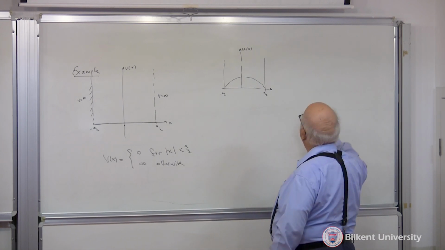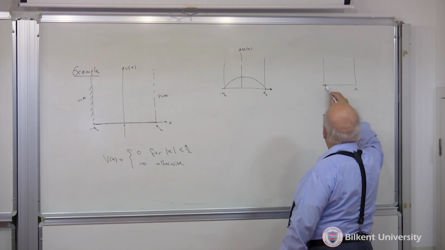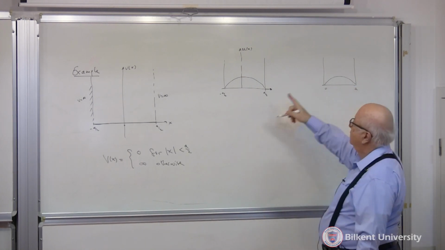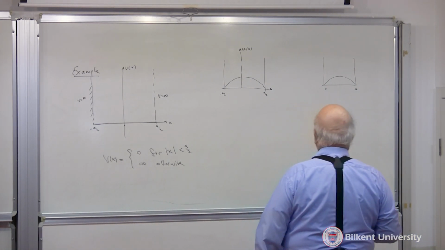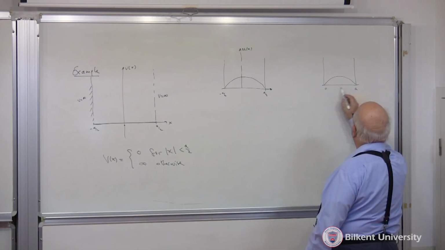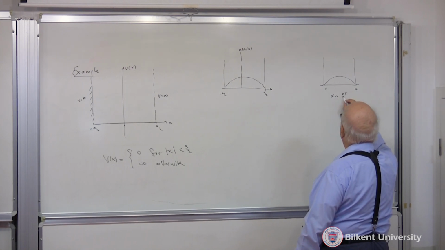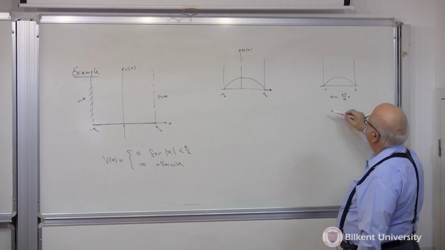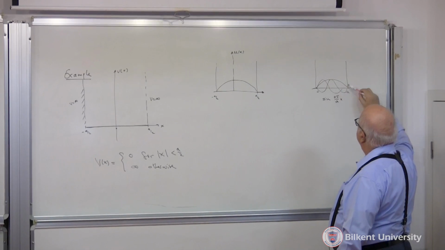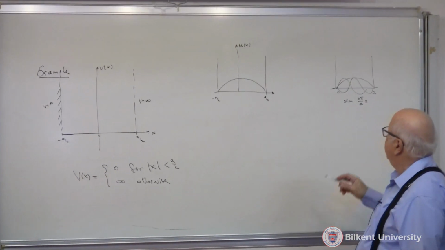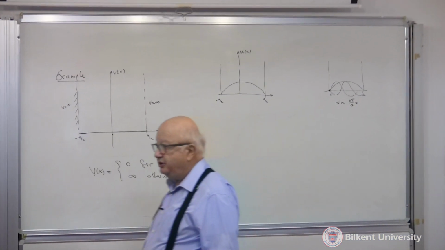The functions that we did for, let me just put that over here also, 0 to a, is the same function in terms of functionality, but the function that I used here was sine n pi over a x, which covered all of these things. So I had these functions, all of which can be expressed as a sine function because the function goes to 0 at x equal to 0.